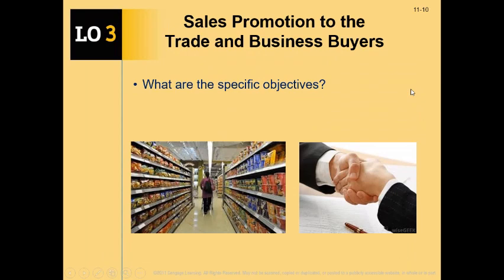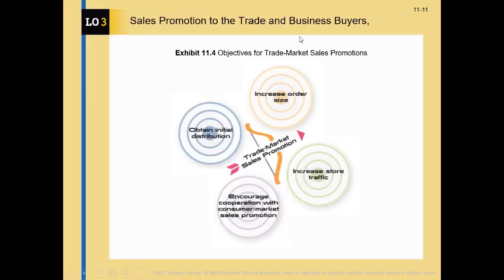Now let's talk about sales promotion to the trade and business buyer. The objectives are not exactly the same as in the business to consumer channel, but here, as a manufacturer who deals with intermediaries and other businesses as customers, you want to increase sales, increase store traffic, encourage cooperation with the consumer market and sales promotion, and also start initial distribution.